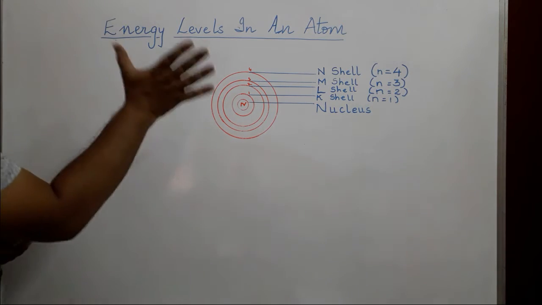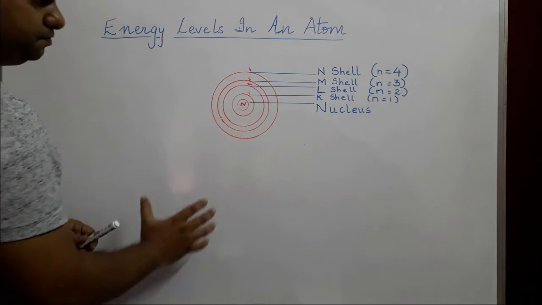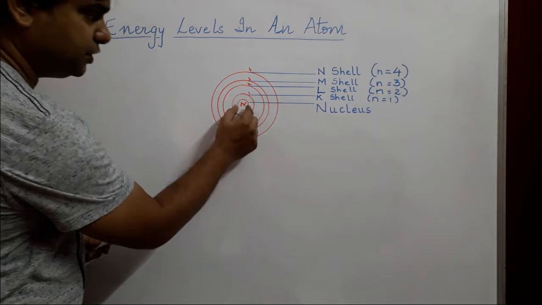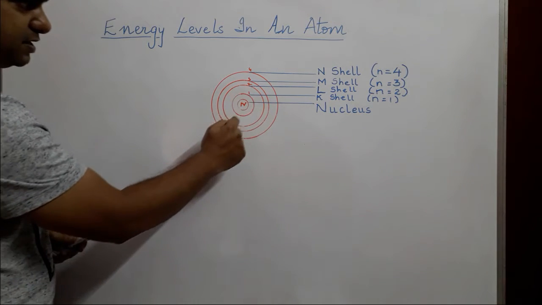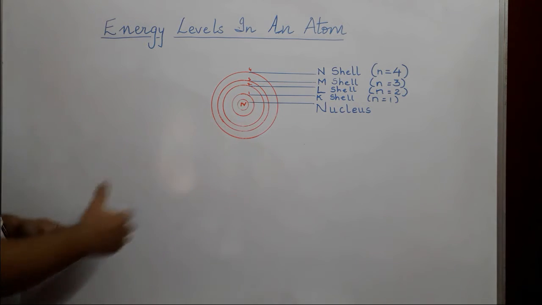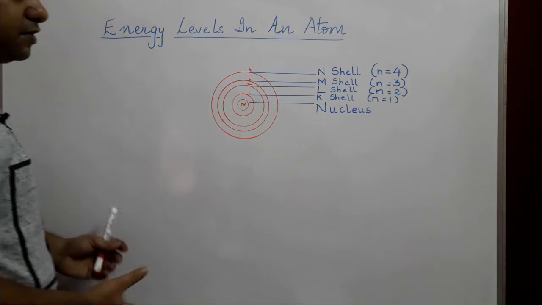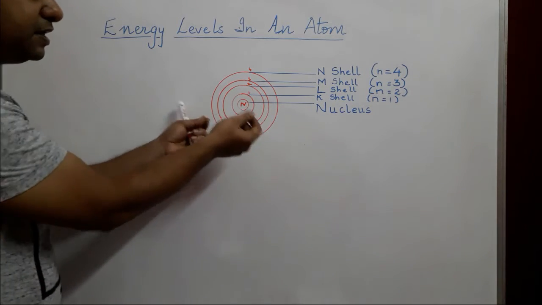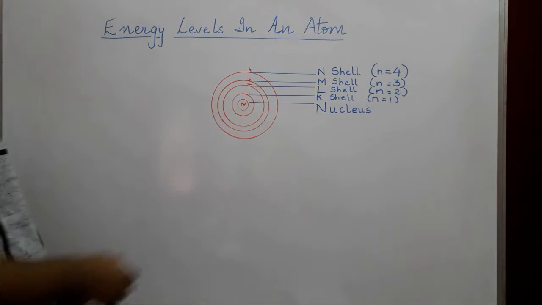Imagine this as an atom. The atom has a nucleus in the center, and these rings around the nucleus are known as orbitals or shells. These are regions of space in which electrons fill up.